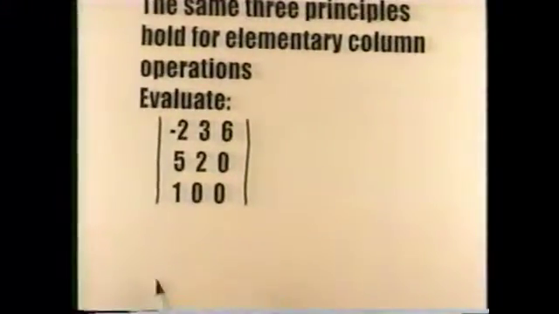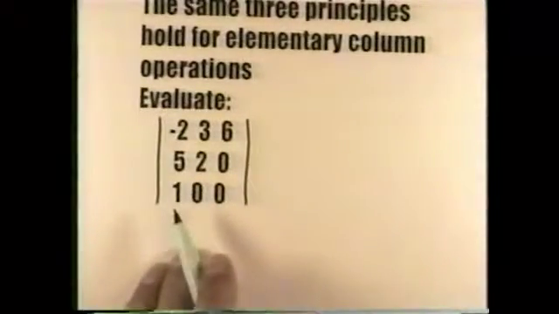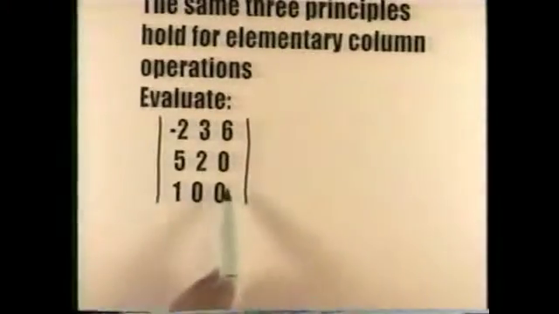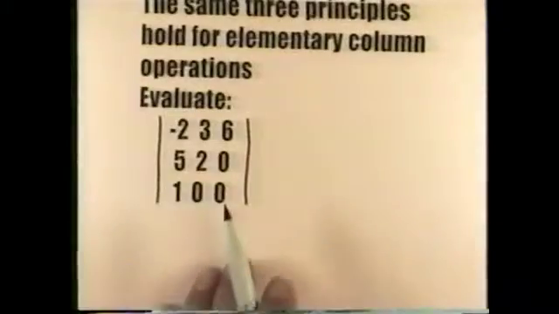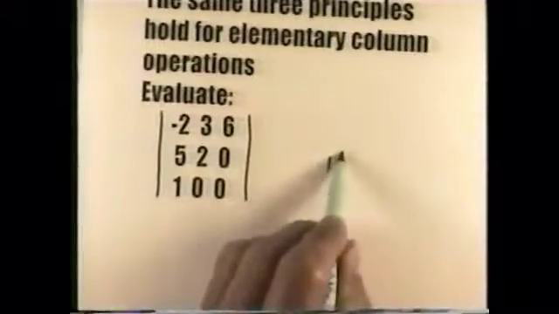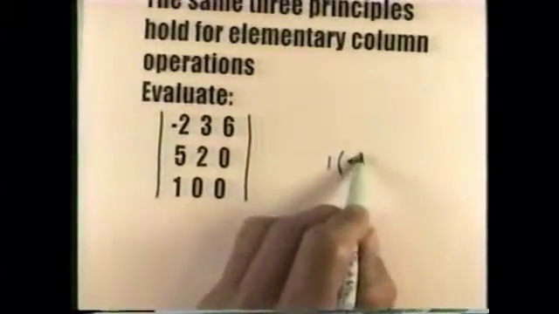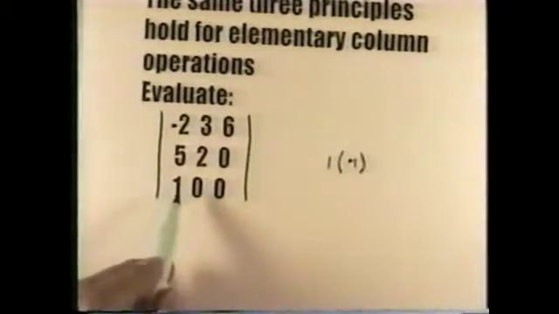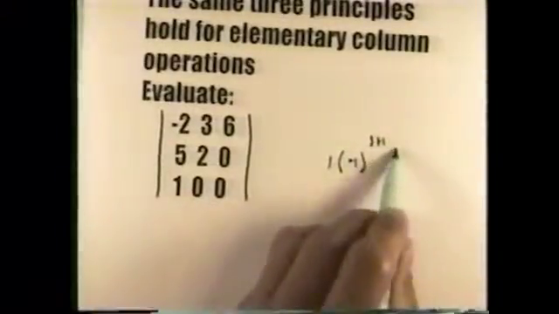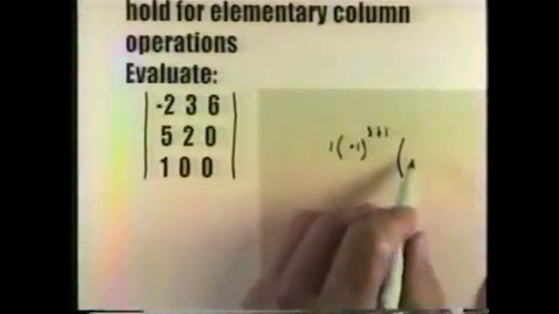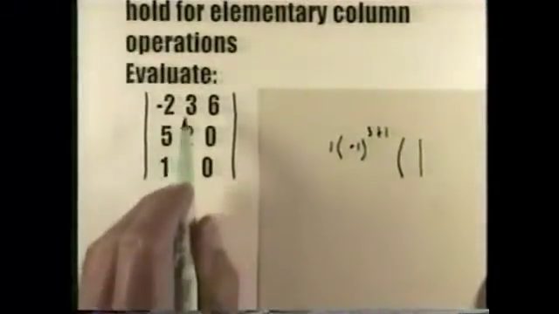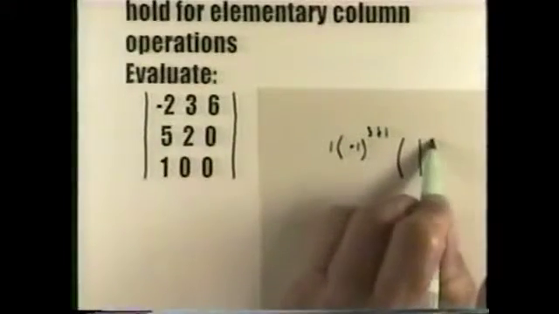Now, of course, this one is easy to deal with anyway, with the zeros here and zeros there. We could expand along the third row, so it would be 1 times -1 to the 3 plus 1 times the minor, which is going to be row 3, column 1 removed, so that would leave me with 3, 6, 2, 0.